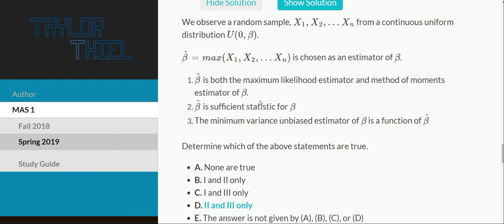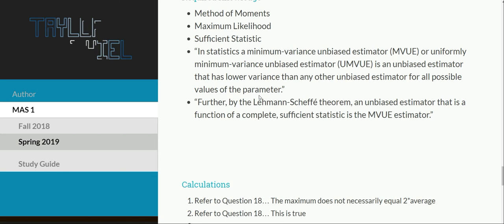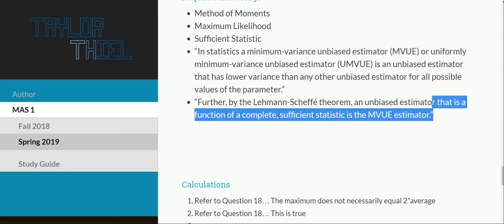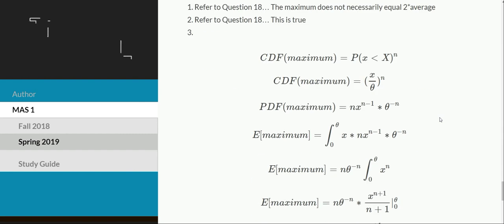The new bit of information coming into this problem is 3, which is what is a minimum variance unbiased estimator. For this problem, you need to either have this property memorized or know it, and then do a bit of math. What we can do is consider the expected value of the maximum.